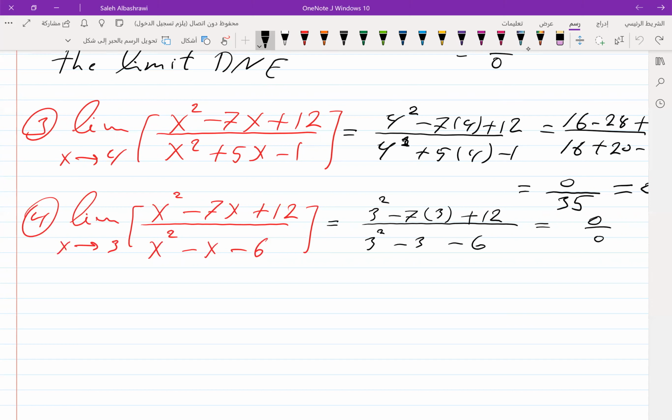Now, with 0 over 0, I cannot decide about the limit. If it is in this form, we cannot find the limit unless we do something to this function. So in this case, if I have 0 over 0, I will simplify the function. Since I have a polynomial divided by another polynomial, I'm going to factor it out. So we need to simplify.